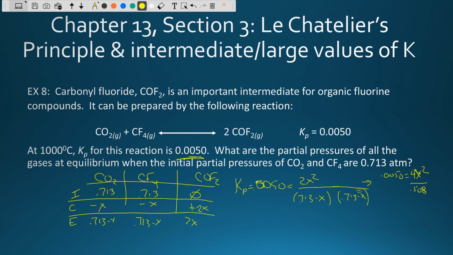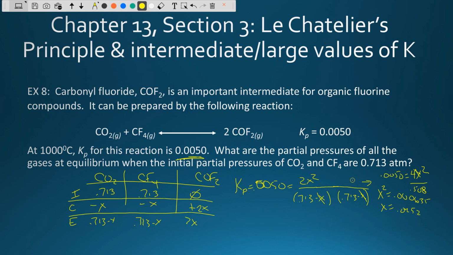In other words, let's see what happens if I do ignore these x's. I end up with x squared equals 0.000635. So I multiply both sides by this, and then I divide by my 4. That gives me an x value of 0.0252.